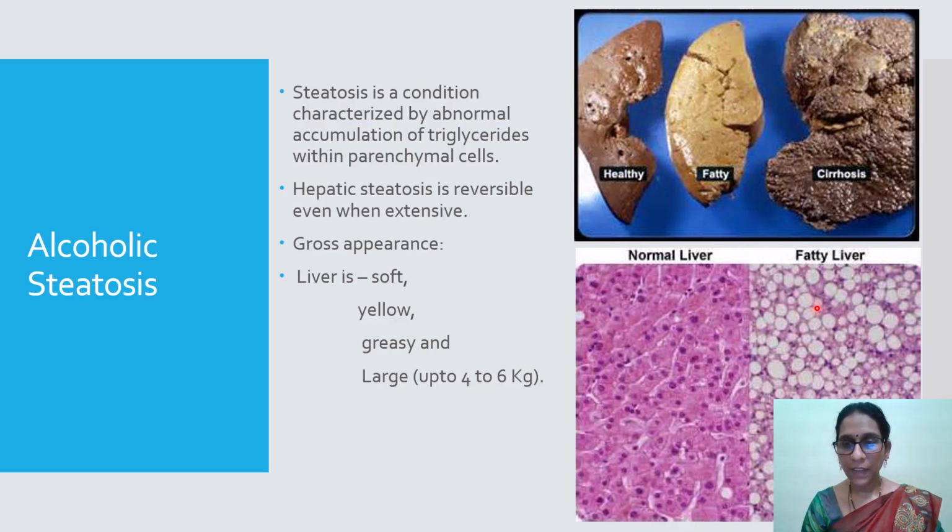To demonstrate the fat, we should apply special stains like Sudan black or oil red on fresh tissue. Otherwise, it would be seen only as empty vacuoles, since in routine tissue processing the lipid is lost.